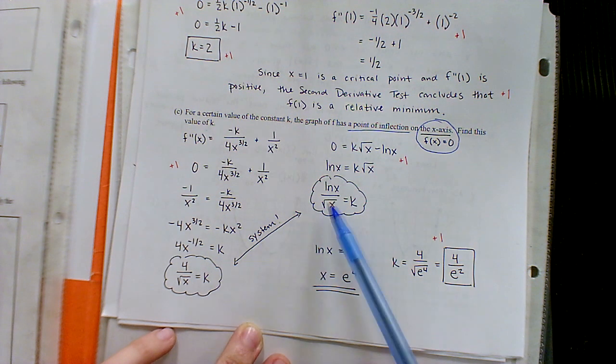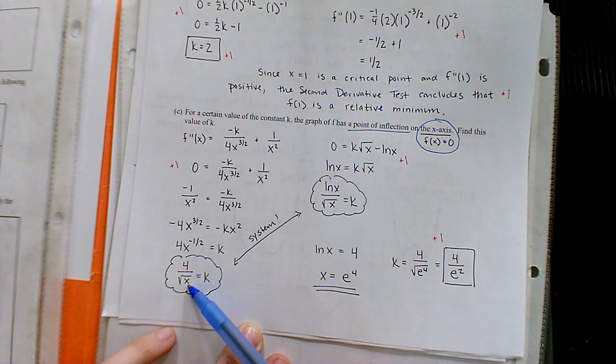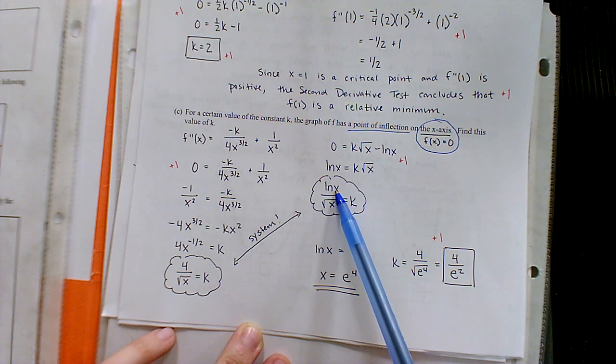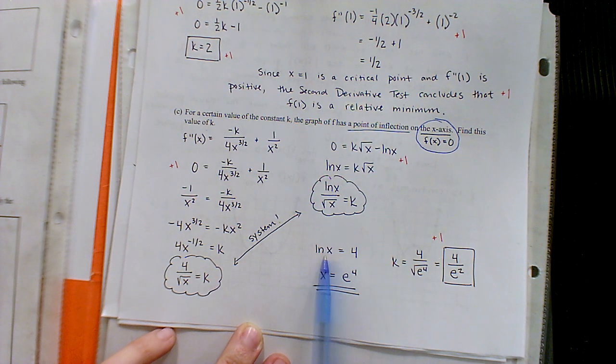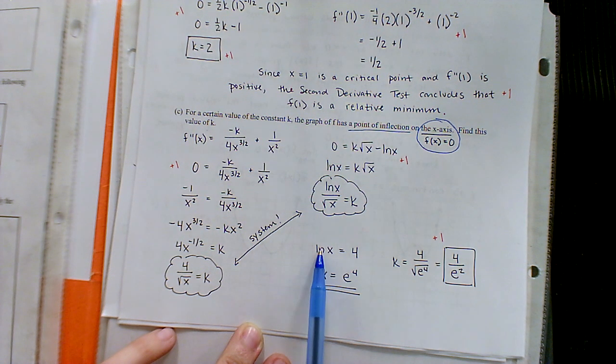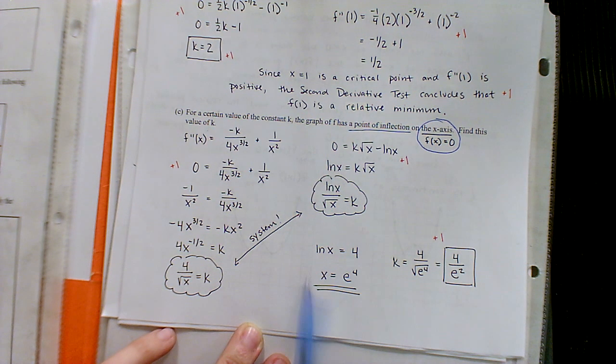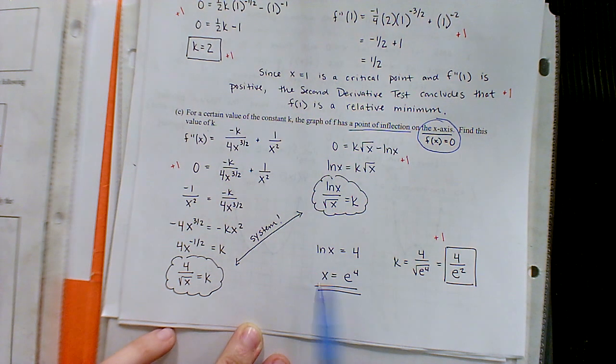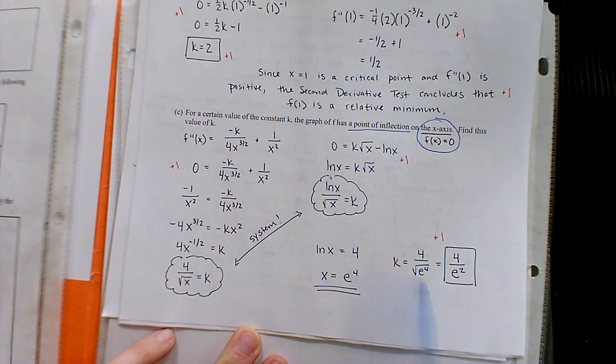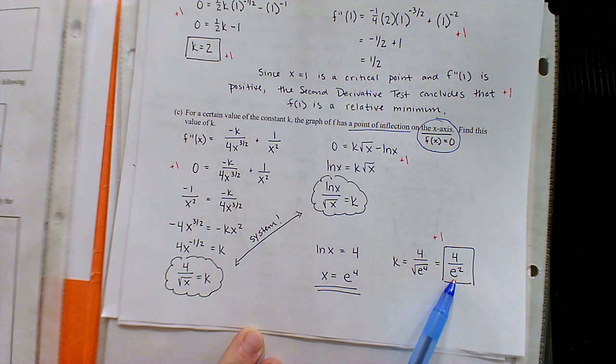And since they both have a square root of x in the bottom, we know they already match. So that means the top parts have to equal each other, and that's what I have here. So then I moved the natural log over, changed it to an e. So this is what x is, but they want you to solve for k. So I think I just plugged that in here to get that.